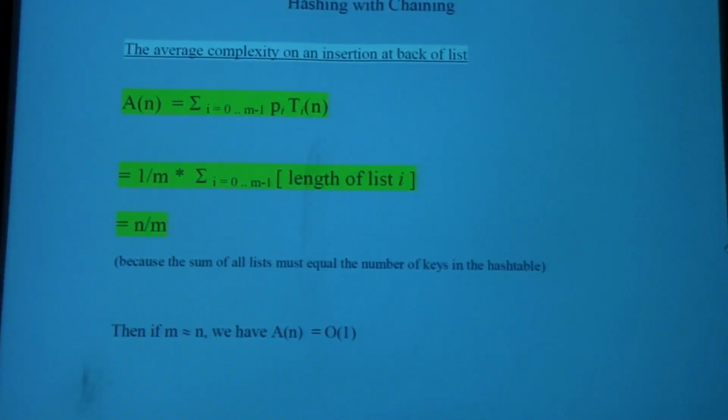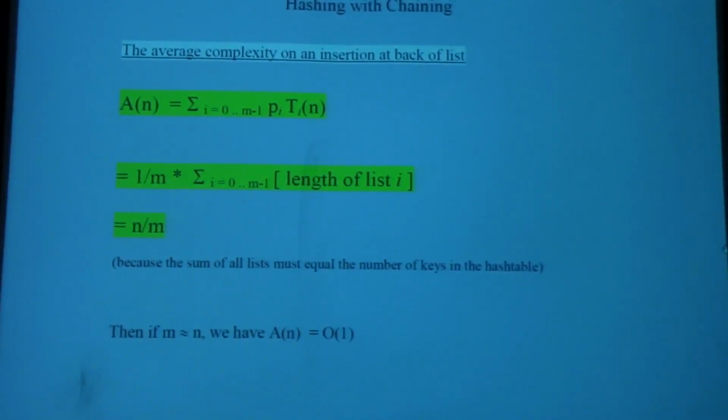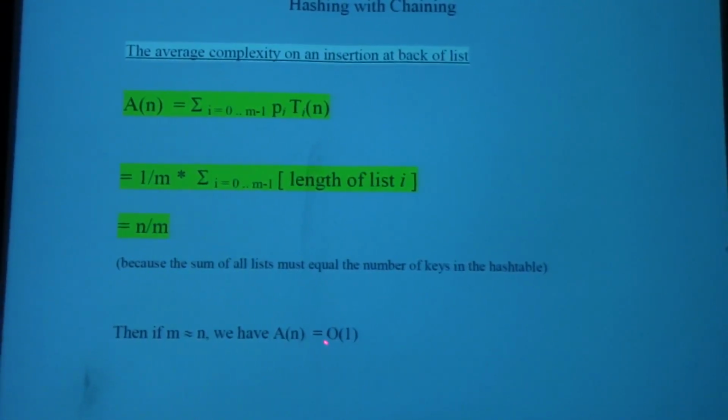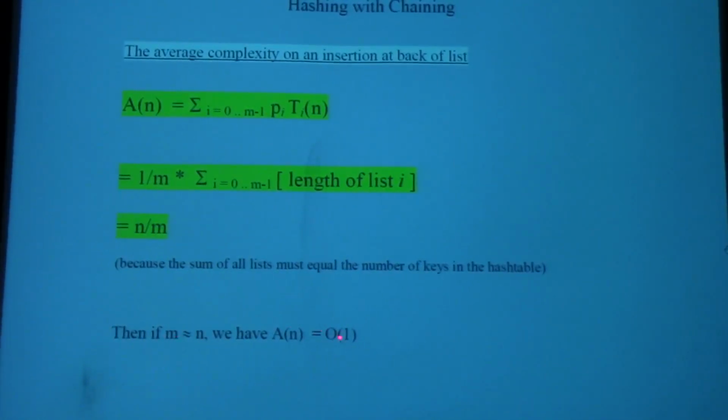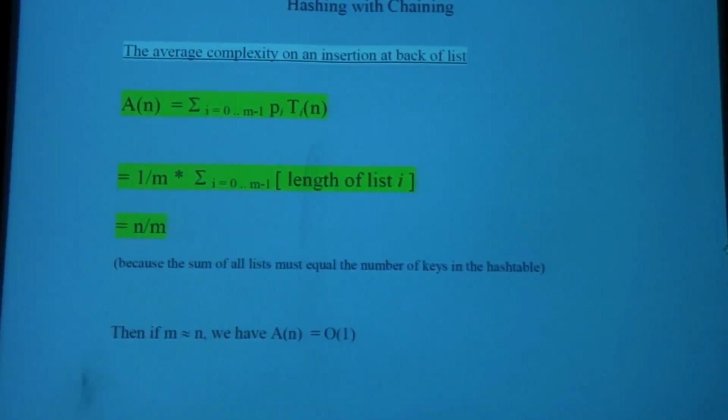Okay, so now let's think about what n and m might be. If the number of lists is approximately equal to the number of elements in the total hash table, then our average complexity would be big O of 1, because n over m will be just 1. Even if m, for example, was half of n, then it would be big O of 2, which is still big O of 1.